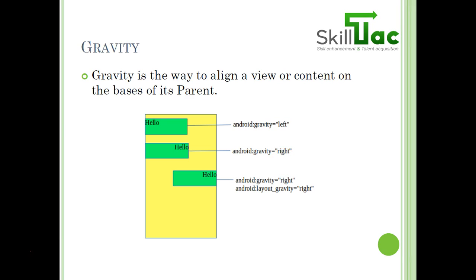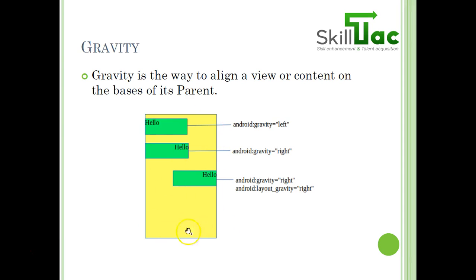The second type of gravity is in which you align the view according to the parent. So in that we just align the view according to the parent view. So there are two types of gravities here. The first type of gravity, we align the content inside the view, and in the other gravity we align the view with the parent view.